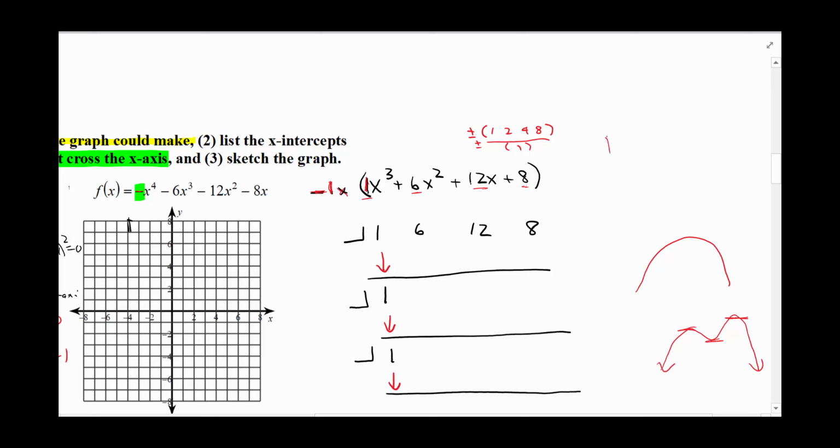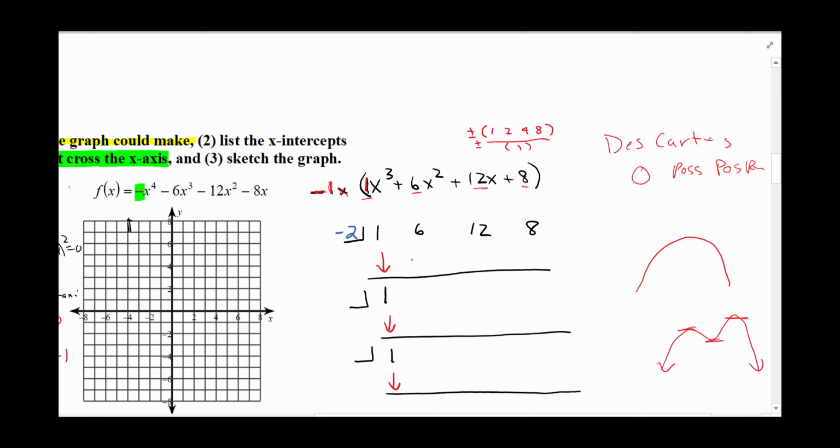But if you look at Descartes' rule of signs, all of these are positive, so there will be 0 possible positive real roots. So the only things we need to try are the negative numbers. I'm going to try -2.